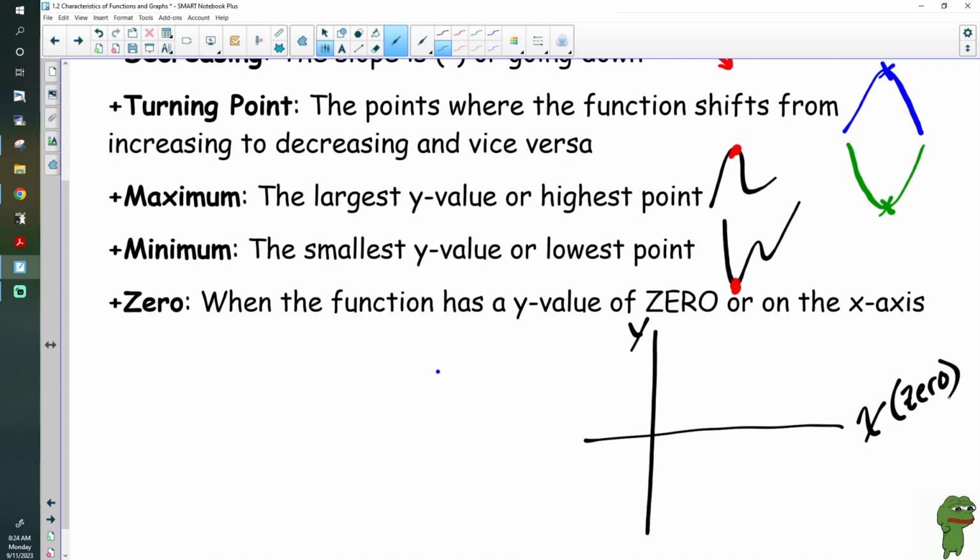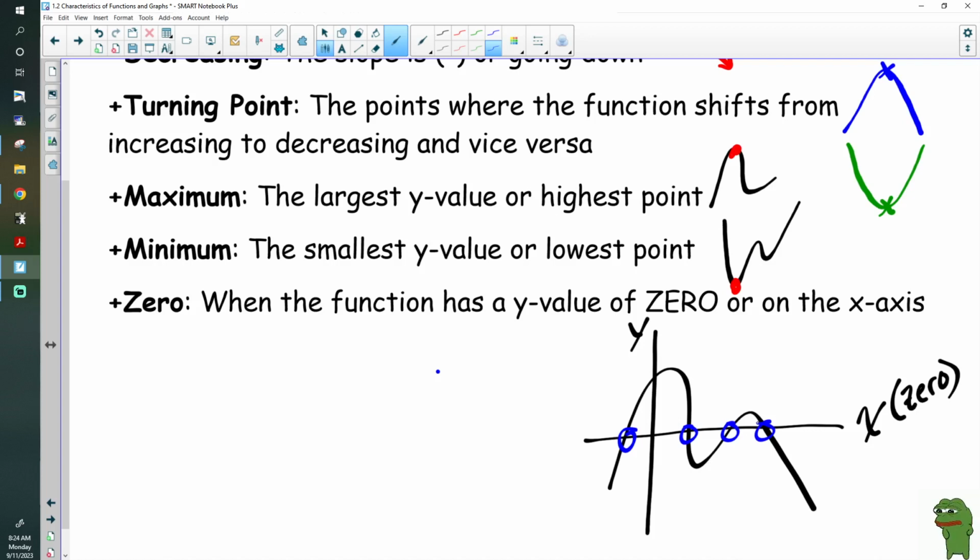So let's draw a picture. And this is just a squiggle I'm making up right now on the spot. How many zeros does that squiggle have? 4. 1, 2, 3, 4. A zero is when our graph crosses the x-axis. All 4 of these points have a height or a y value of 0.